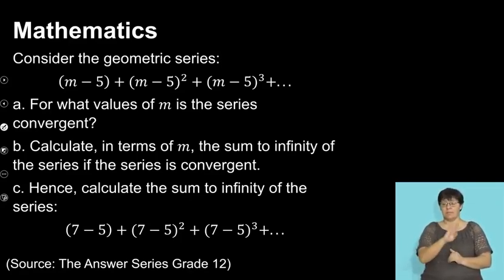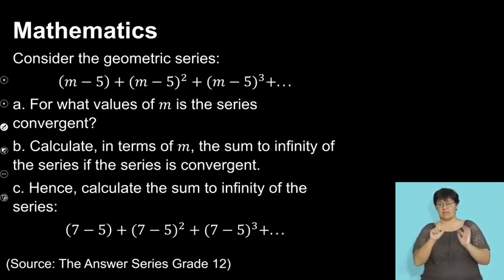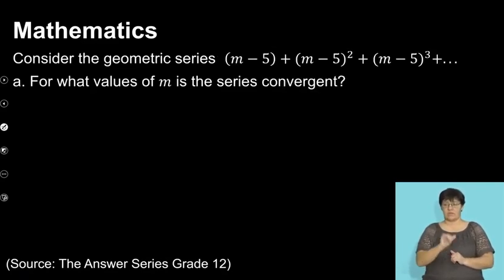B is asking me to calculate in terms of m the sum to infinity of the series if the series is convergent. And hence, for number C, we need to calculate the sum to infinity of the series 7 minus 5 plus (7 minus 5) squared plus (7 minus 5) cubed. So let's get going with A.